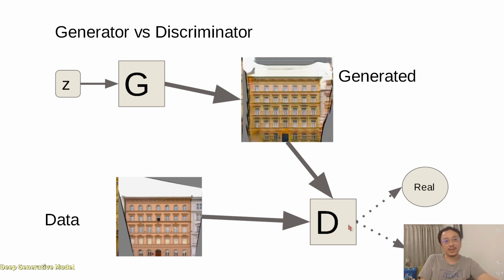So the task of the discriminator is as a binary classifier, so that it can tell the real images from the fake images. So it is literally the task of binary classification.